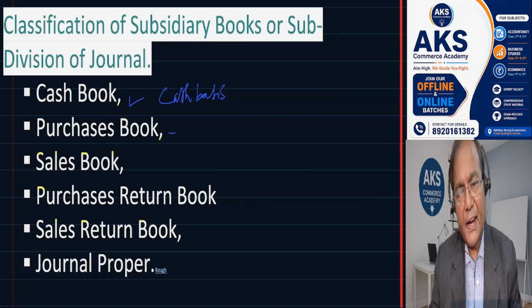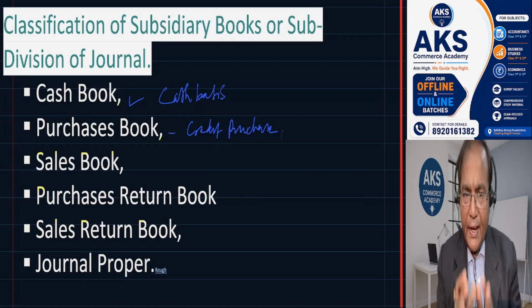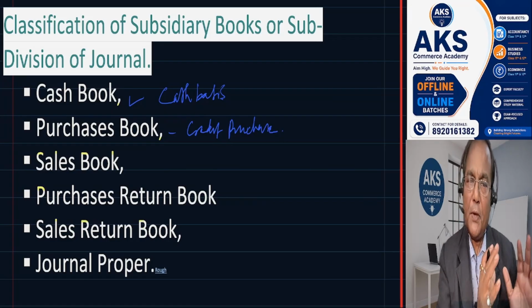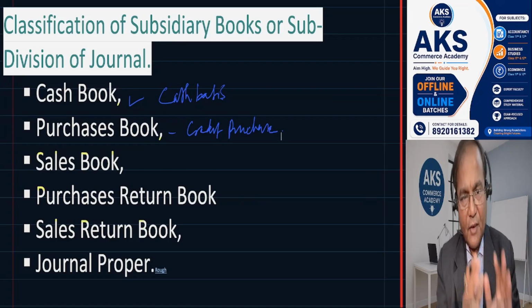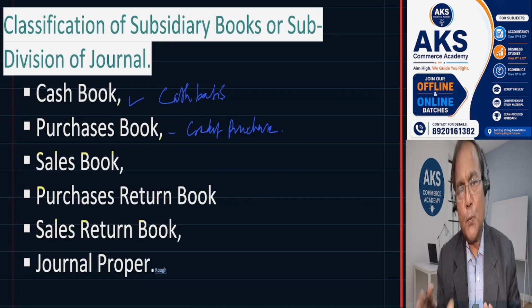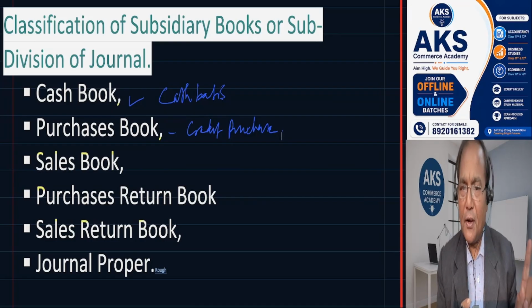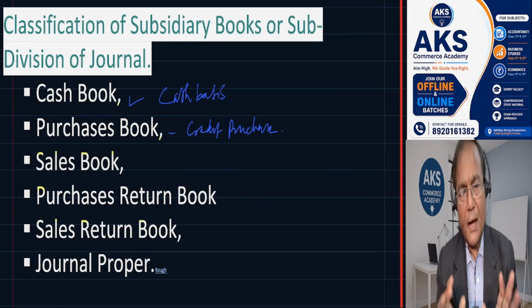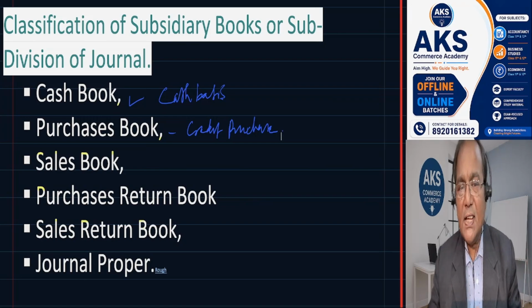Purchase book is for credit purchases. I hope you are understanding it. So any purchase which happens to be of credit nature is going to be entered in the purchase book. There is no separate journal entry going to be passed. Third is sales book. For credit sales, we are going to prepare the sales book.